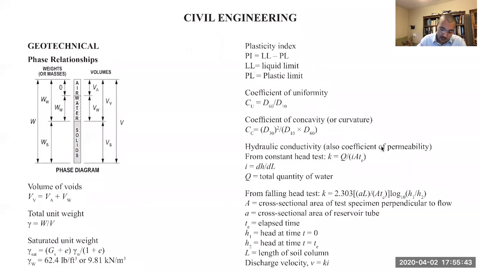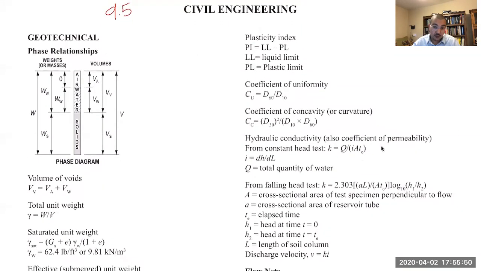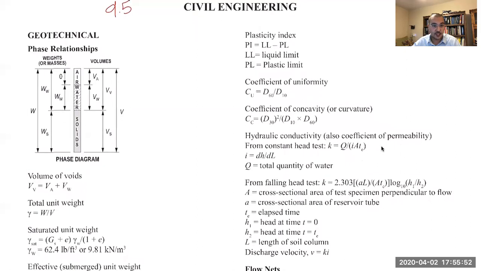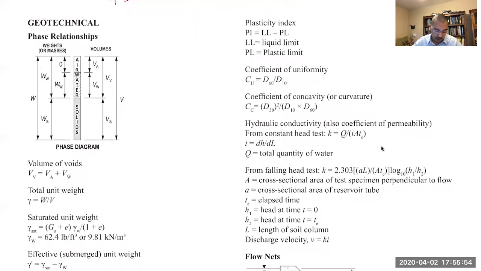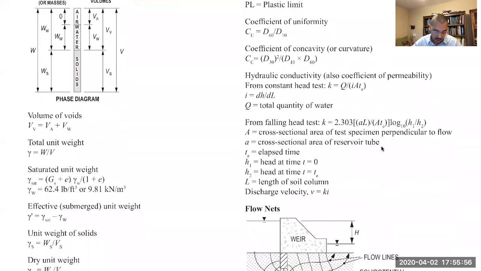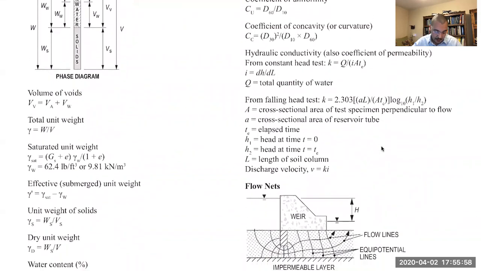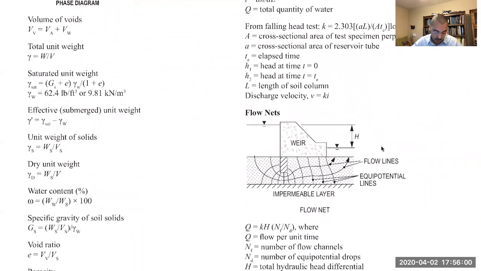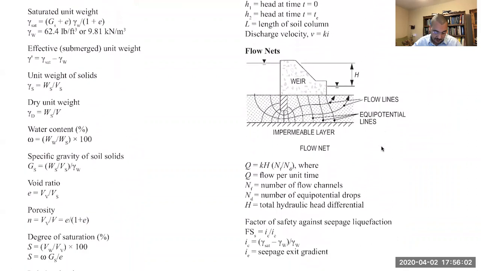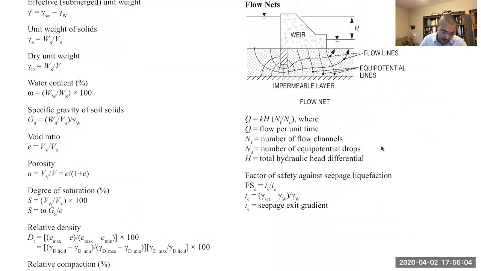This manual is version 9.5, and this is the civil engineering section, geotechnical engineering subsection. On the right-hand side, you see the phase relationships and all the different soil properties that we can obtain from these phase relationships. Here we have the void ratio, which is the volume of voids divided by the volume of solids.